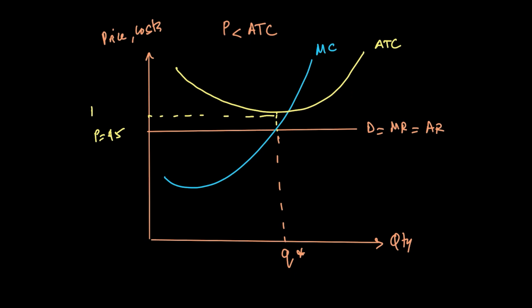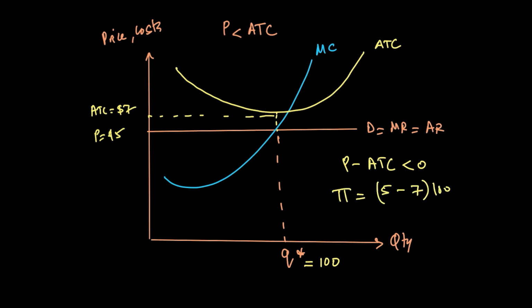For example, ATC is $7, and as a result, if I'm making 100 units, P minus ATC is now less than 0, or negative, and therefore my profit will be 5 minus 7 times 100, or minus $200, which means negative profit or economic loss.